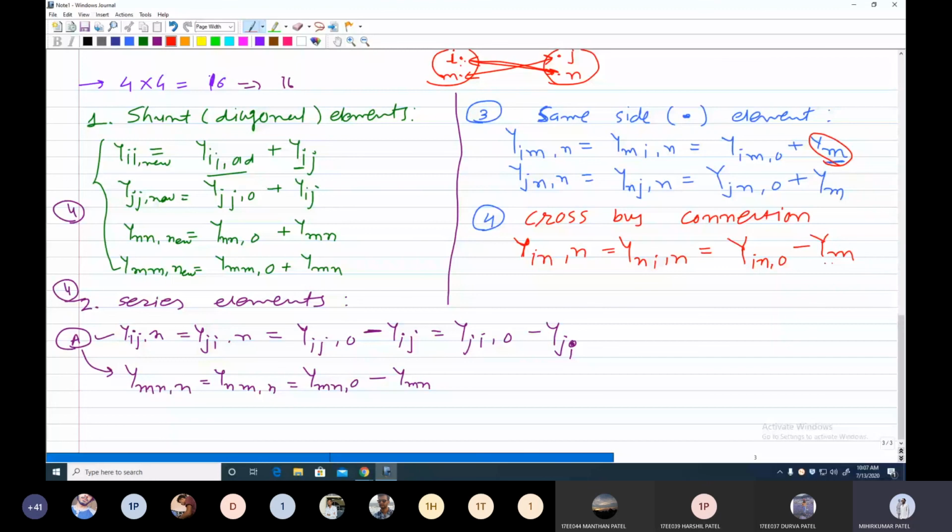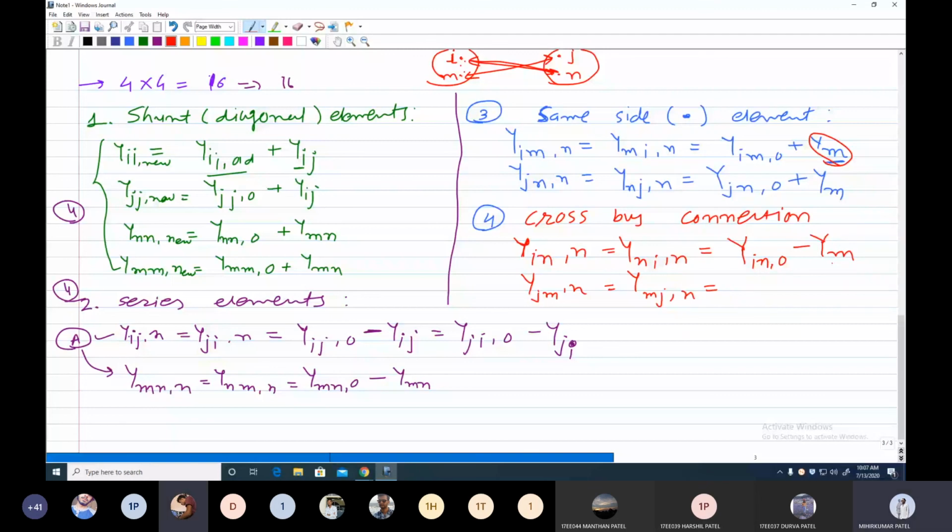Again, the last one for the cross side, YJM new, which is equal to YMJ new. Yes, what is the value of this cross connection for M and J?